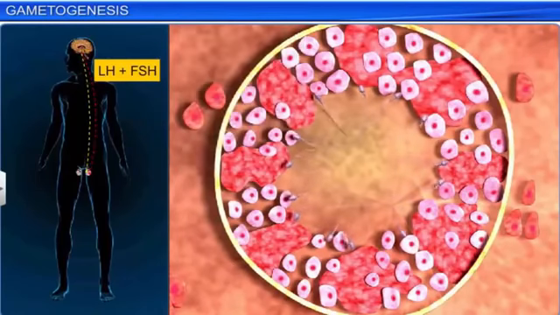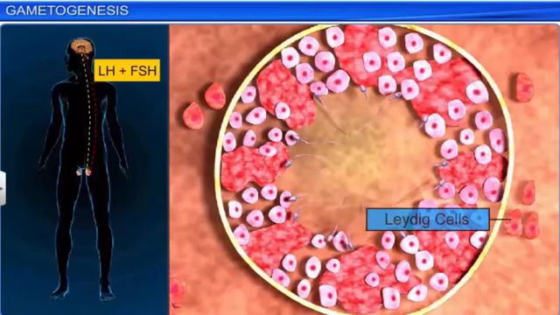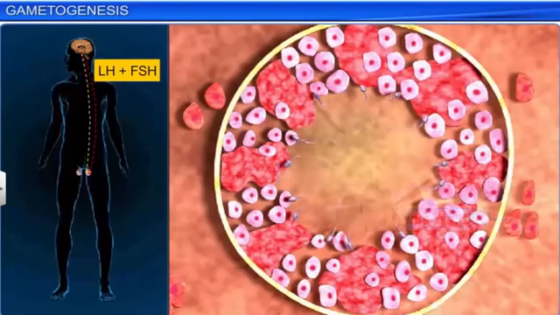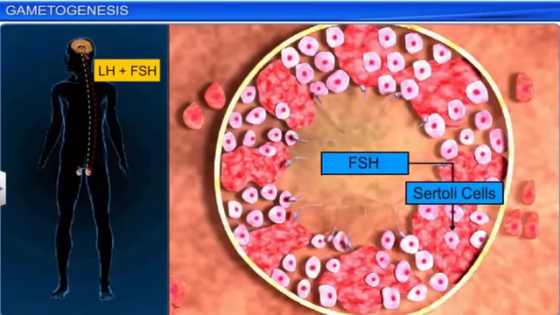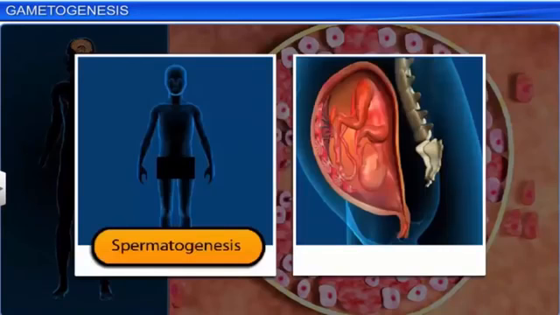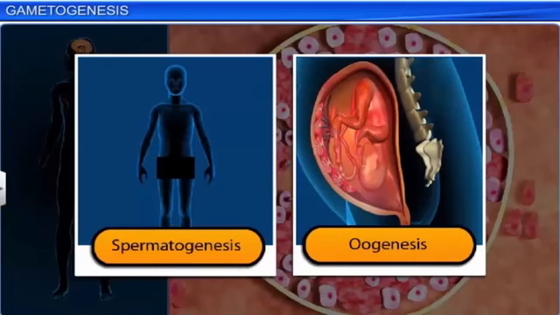LH, in turn, stimulates the Leydig cells to synthesize and secrete androgen, a hormone that triggers spermatogenesis. FSH, on the other hand, acts on the Sertoli cells to stimulate the secretion of substances that nurture sperm cells during spermatogenesis.